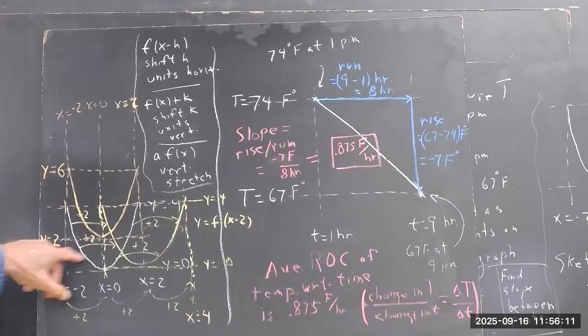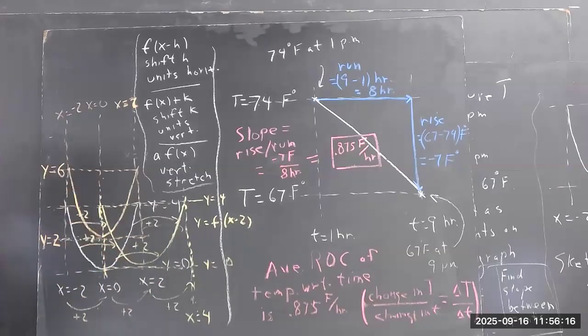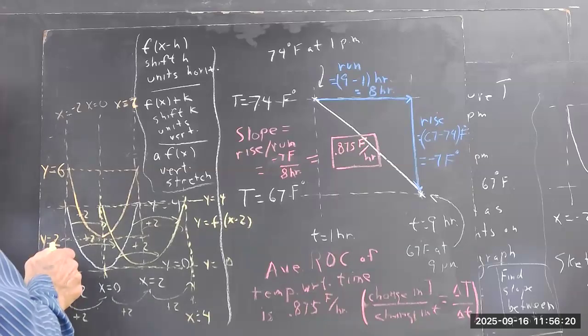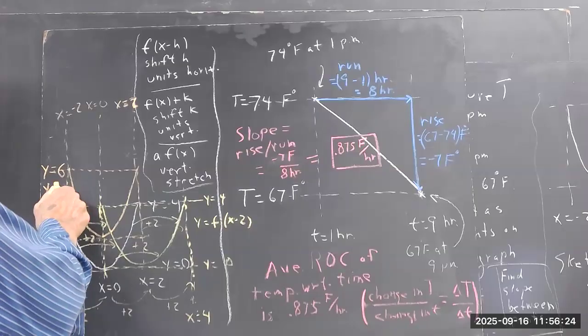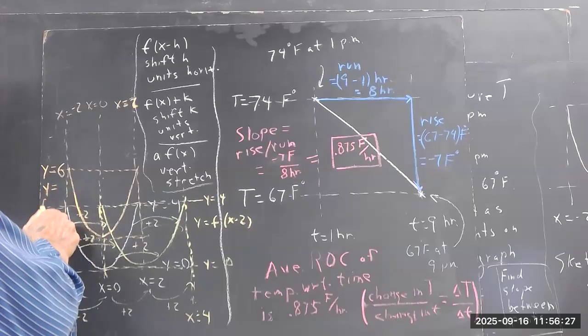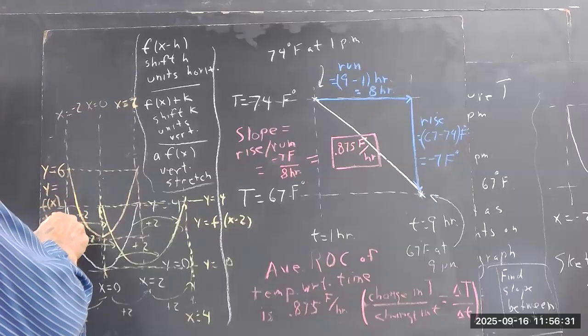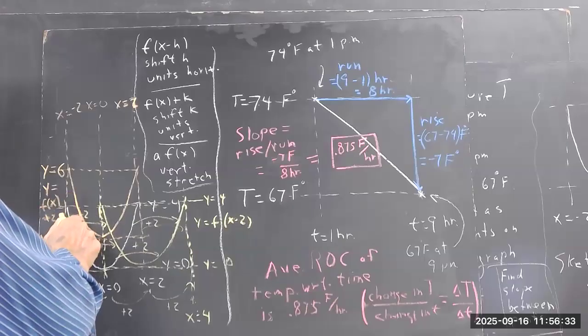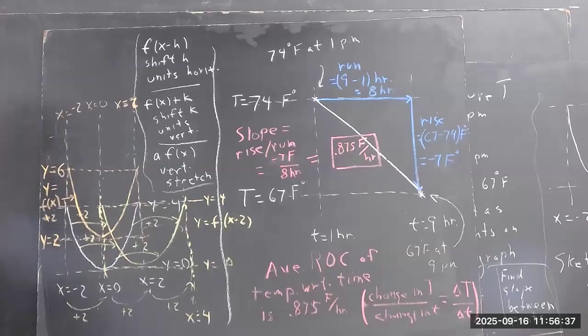We've got the original one, we've got one that's 2 units to the right, and then we've got one that's 2 units above. And that'll be the curve for y equals f of x plus 2. Okay.